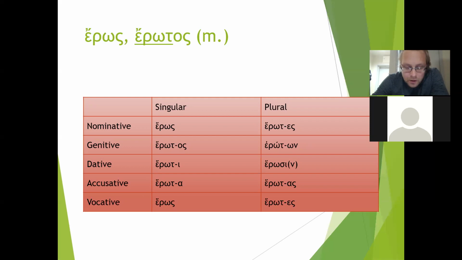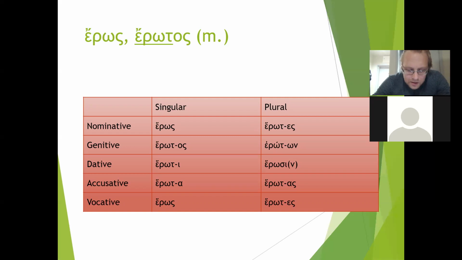And in the plural, we have erotes in the nominative, eroton in the genitive, erosin with the nu ephelkystikon in the dative, erotas in the accusative, and erotes in the vocative.